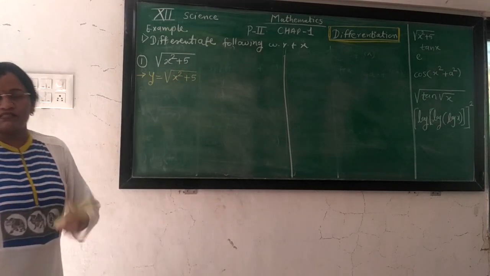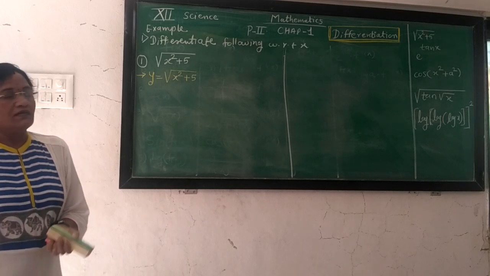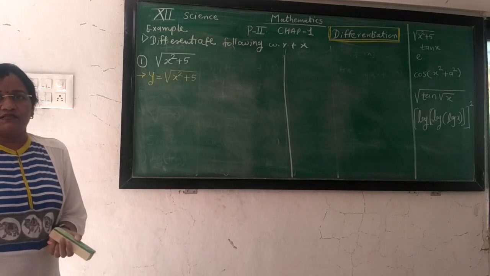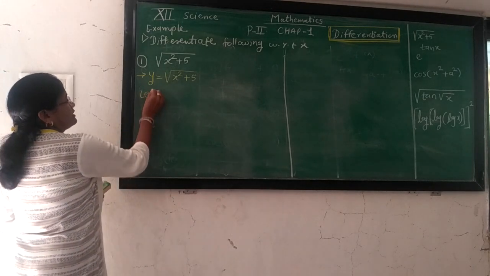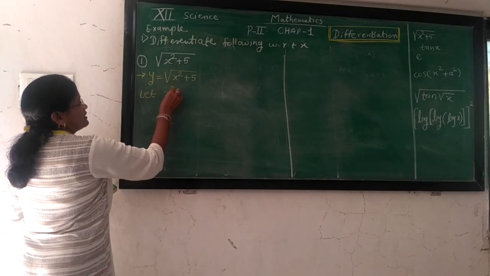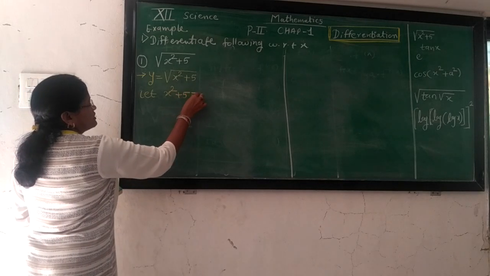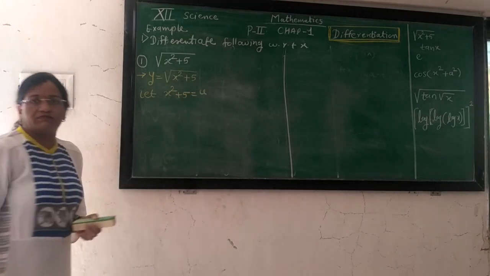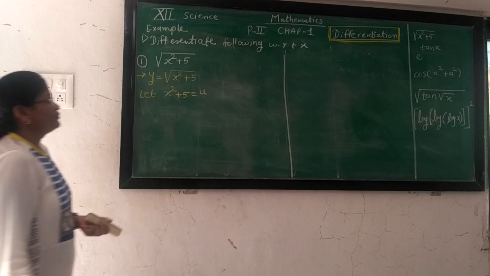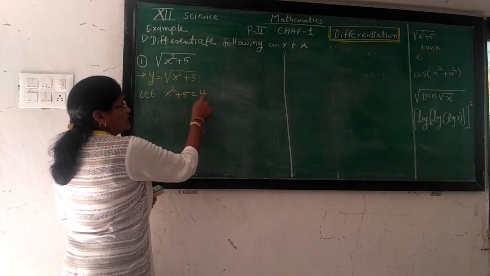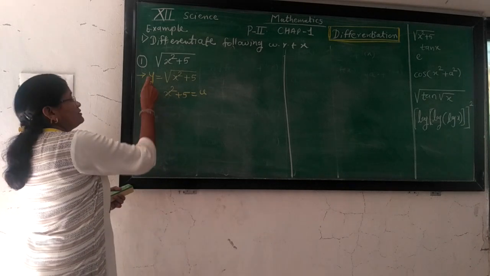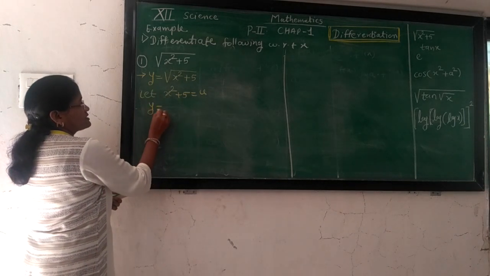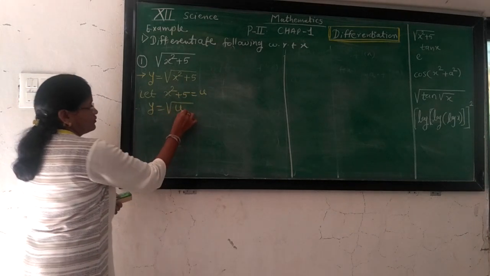We will see the first method here, taking the variables in u, v terms. Let the function x square plus 5, as a function of x, be u. So x square plus 5 is equal to u, meaning u is a function of x, and y becomes under root of u.